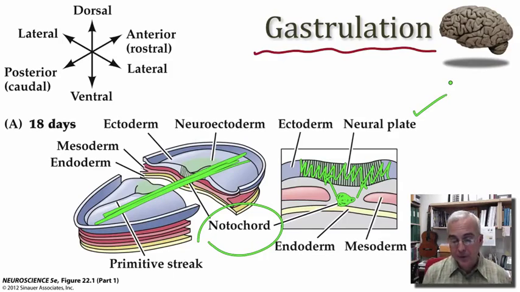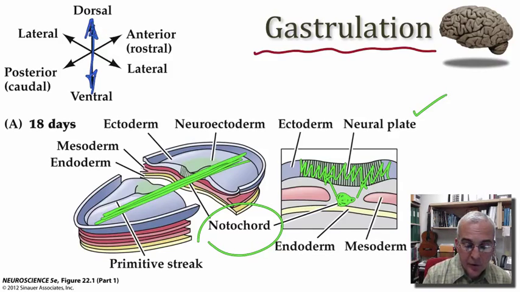I should also mention that the notochord helps to establish our primary axes of orientation in the developing embryo. The notochord forms in a more dorsal position in the developing embryo, now we'll call it a gastrula. And so the presence of the notochord helps us define what is dorsal versus what is ventral.